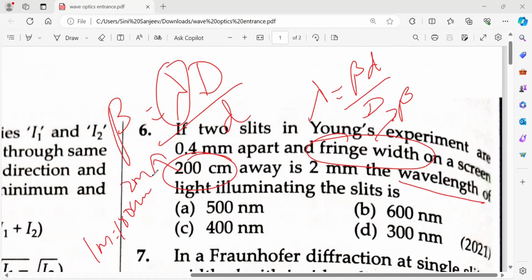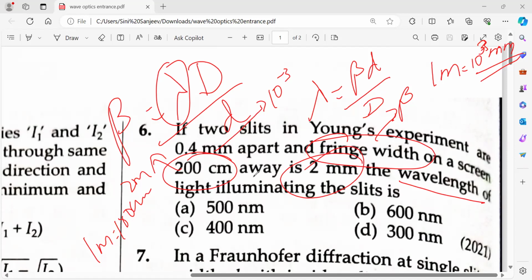Then 0.4 millimeter. So 1 millimeter is equal to 10 power minus 3 meter. So 0.4 into 10 power minus 3. Correct? And what is my beta?